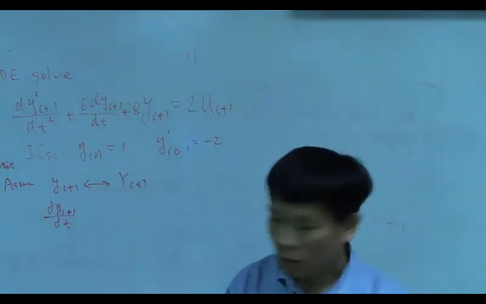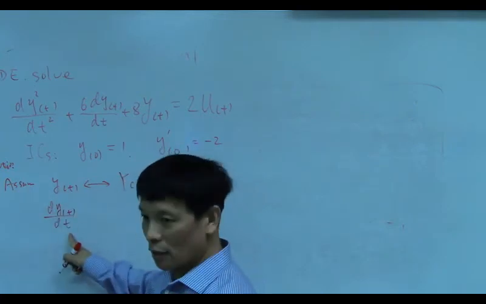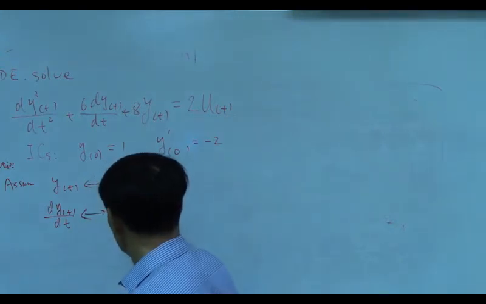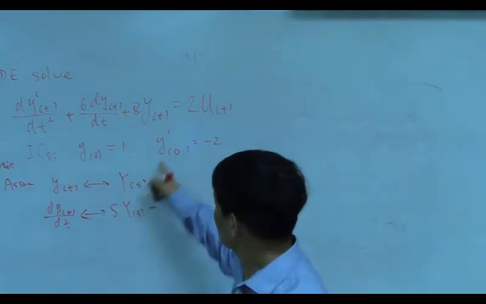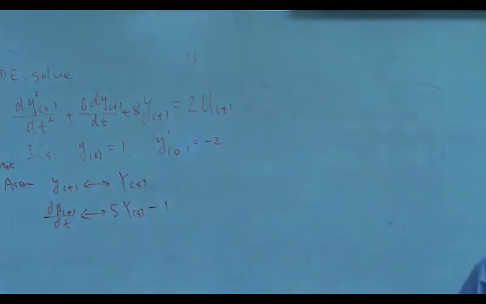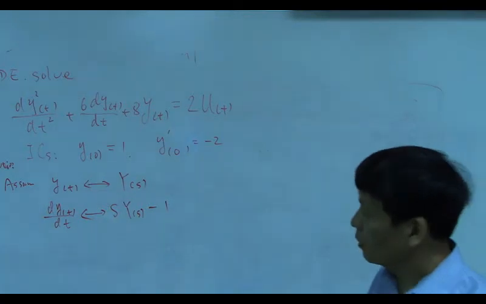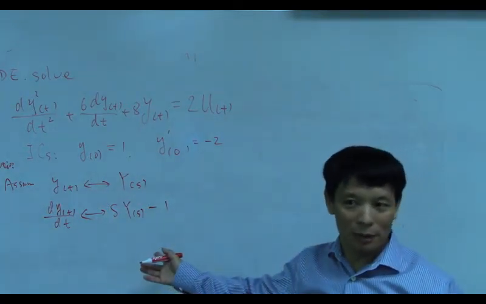If y(t) gives us Y(s), what does differentiation give us? That gives us s times Y(s) minus the initial condition y(0). y(0) equals 1. So in this case, it gives us this one. You need to memorize the properties, all right?